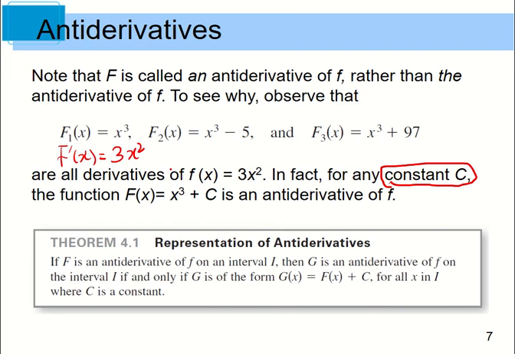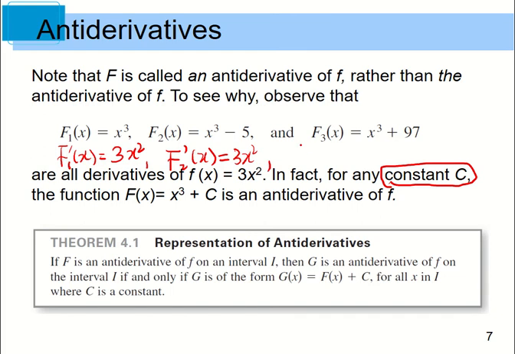Please bear in mind that we are talking about differentiation. For the second function, after differentiation we have 3x squared, and when we differentiate 5, we get 0, so it has plus 0, but we are not going to write the 0 here.